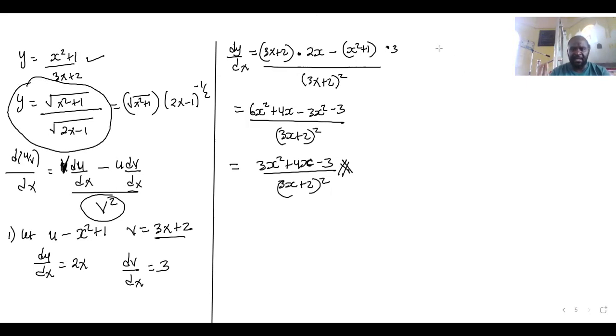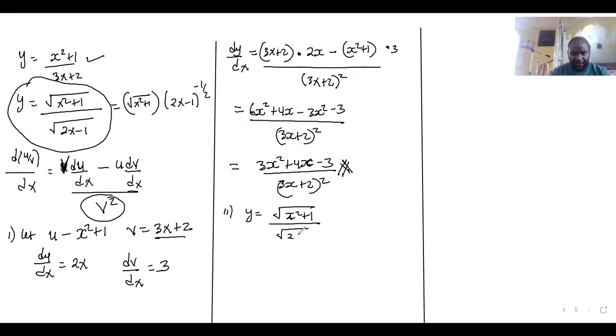So pay attention, guys, for the last number, because this place is going to be cleaned. I need to summarize very soon. So question 2: y is equal to root of (x squared plus 1) over root of (2x minus 1). We let this be u, then we let this one be v.